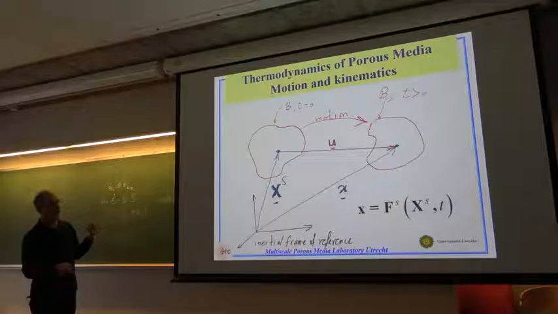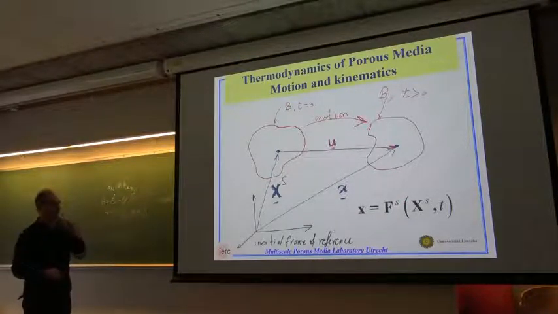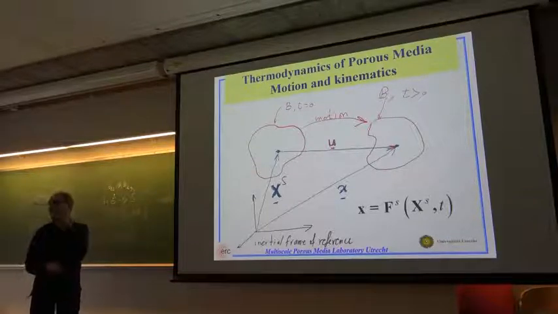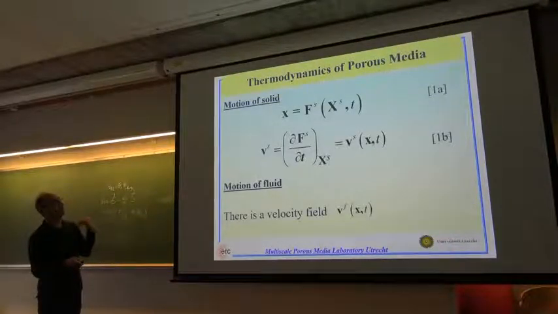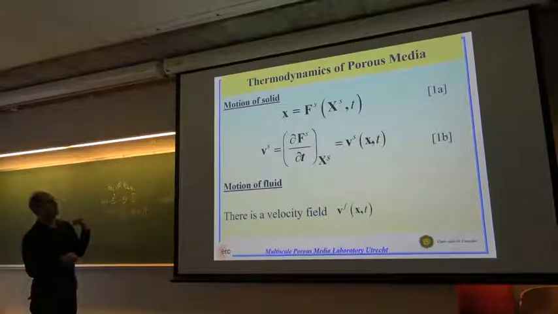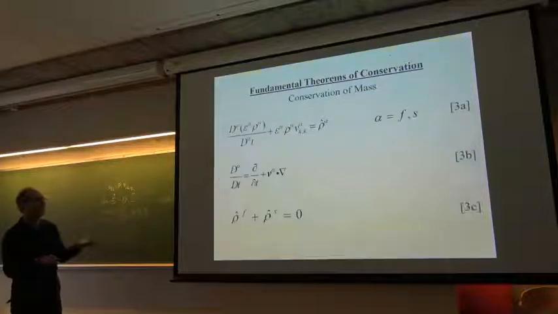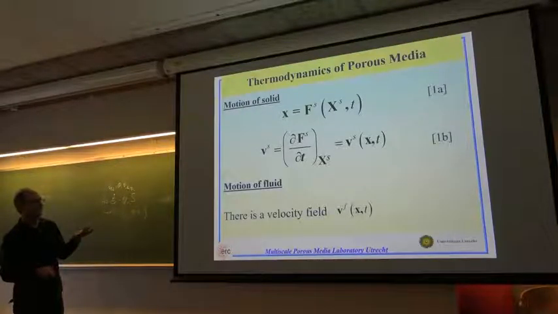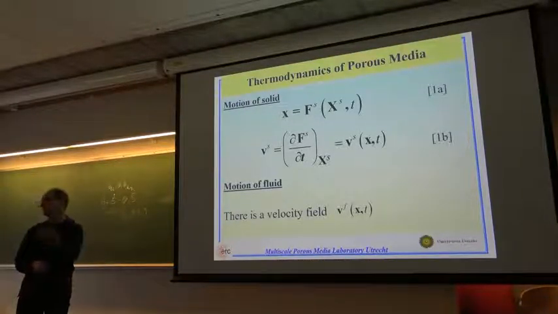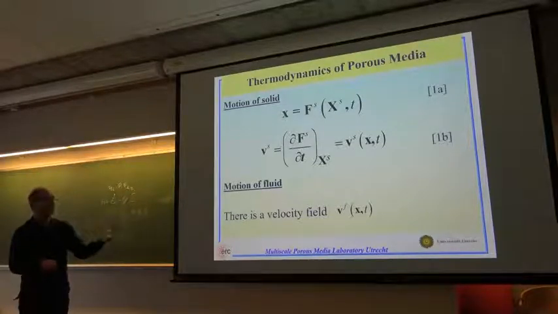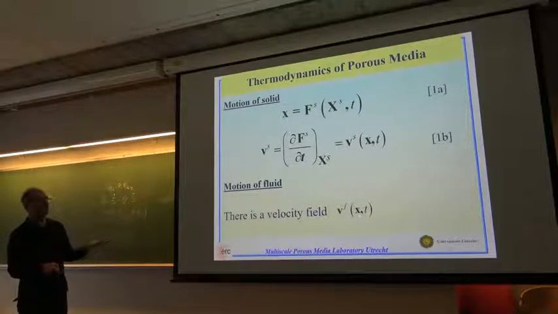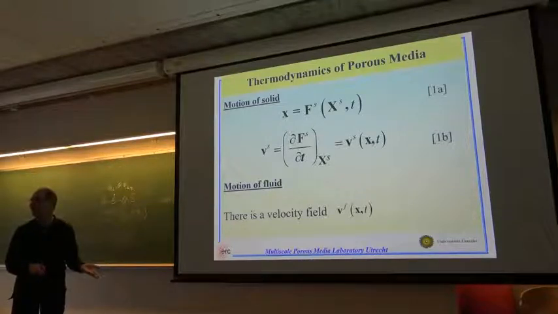This is the same as what we had this morning, except that we assign this superscript s. This is for motion of the solid. And the velocity of the solid is the derivative of motion following a given material point. For the fluid, we don't have the concept of deformation, so we introduce the velocity field as given. The average macroscopic velocity field is given, a function of x and time. We don't relate it to a deformation.